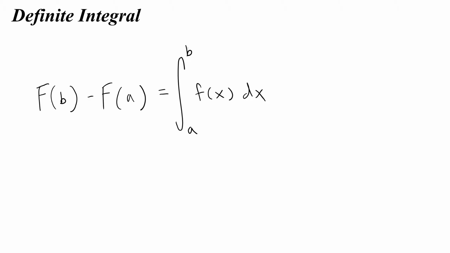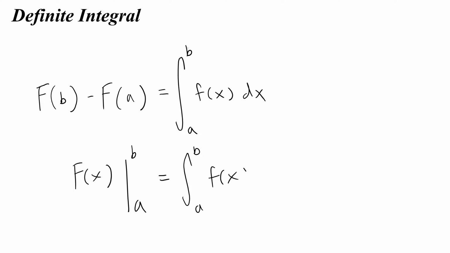This is often known as the fundamental theorem of calculus. And if you wanted to, instead of saying f of b minus a, you could use what we call a bracket and say f of x, and then put b and a right there. Fun stuff. The fundamental theorem of integral calculus.